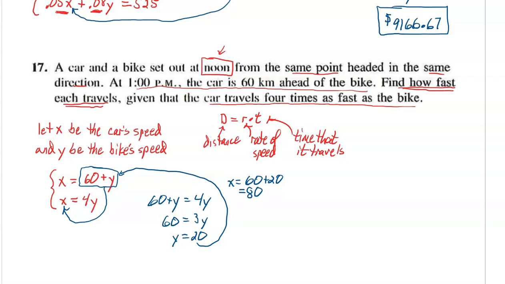Now we know the speed of the car. Now when I write the answer, I want to write it in a way that answers the question. So I'm going to say car and give it speed, 80 kilometers per hour. And then I'll write bike and give it speed, 20 kilometers per hour.